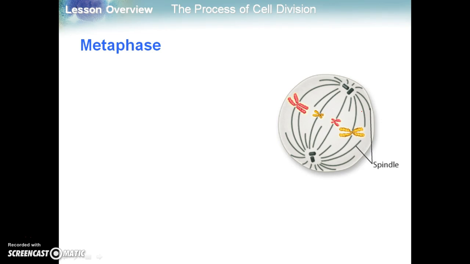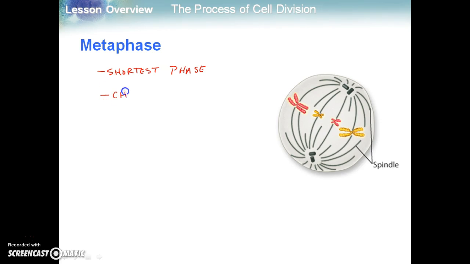Metaphase is the shortest phase of cell division. It is very clear, and you should have seen during the lab that this is the clearest phase of cell division. What's happening during metaphase is the centromeres of the duplicated chromosomes are going to line up across the equator of the cell.